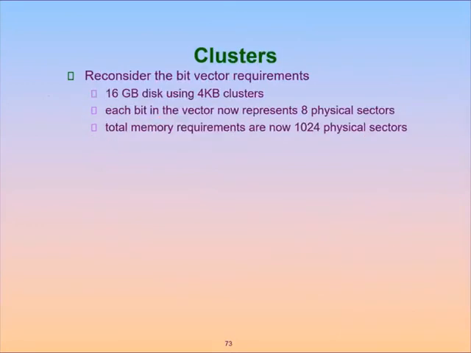Coming back to our example, in our 16 GB disk, if we use 4 KB clusters, then in the previous case we required this many blocks to store the information, and now the blocks are reduced to 1024. You just have to divide it by 8. Why 8?